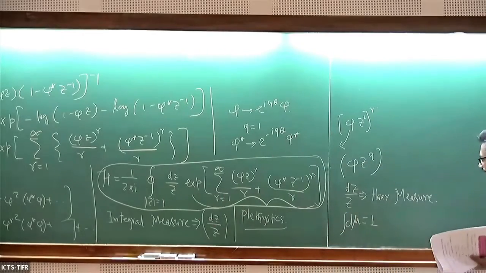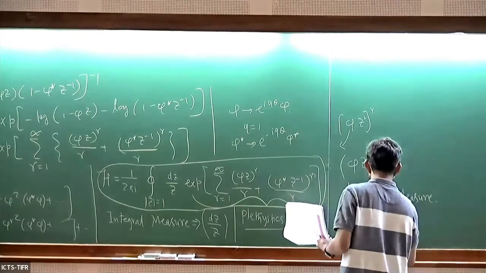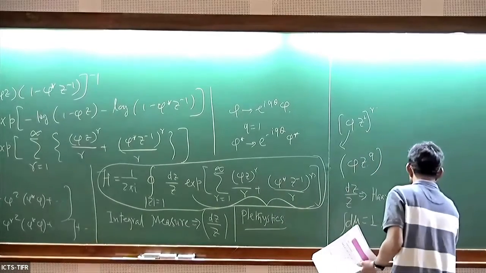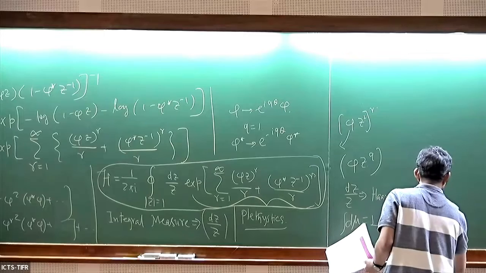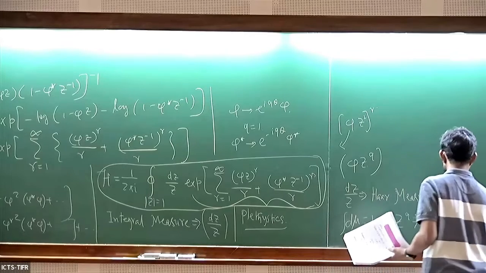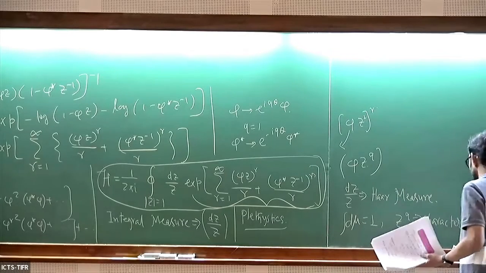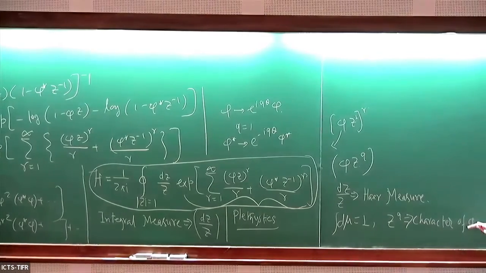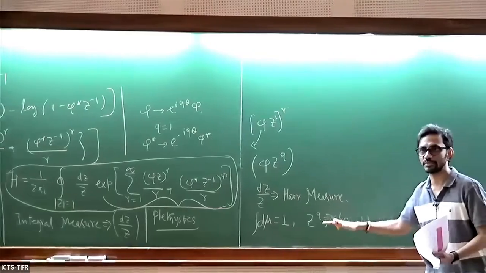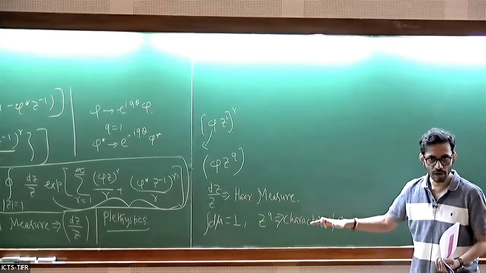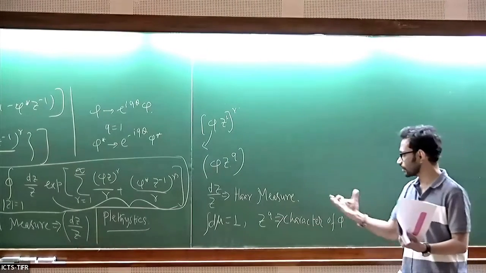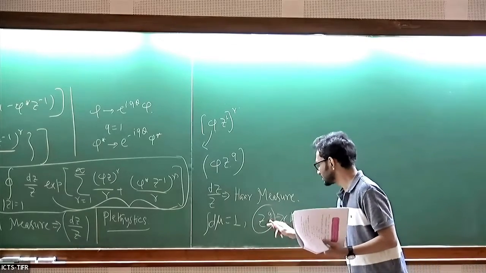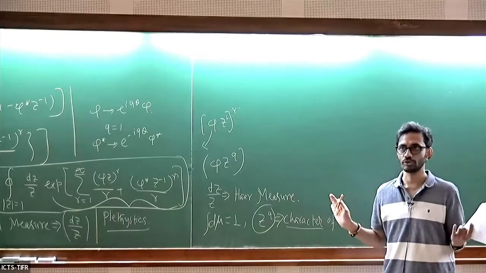And this z to the power q is called the character of phi. So if there's a complex field phi with a U1 transformation with charge q, I can define something called the character, which is nothing but z to the power q. That's all.